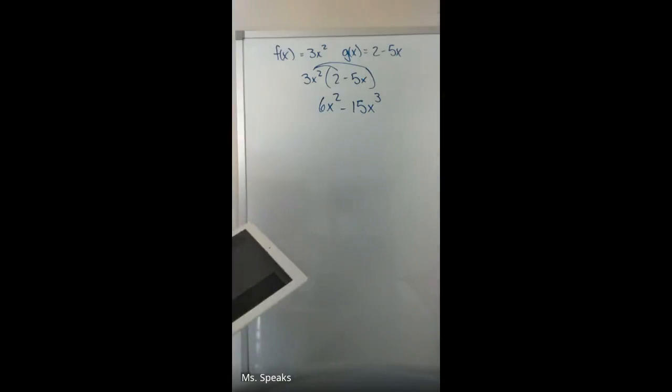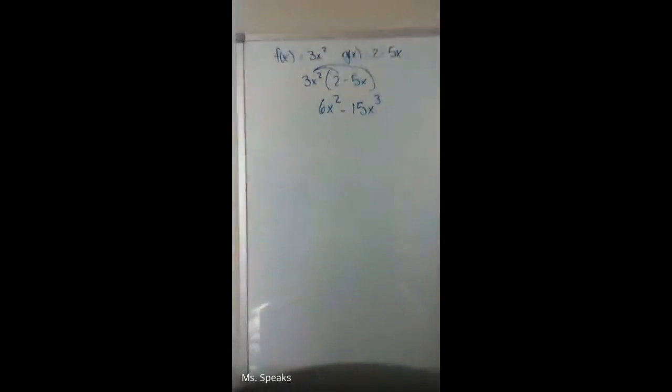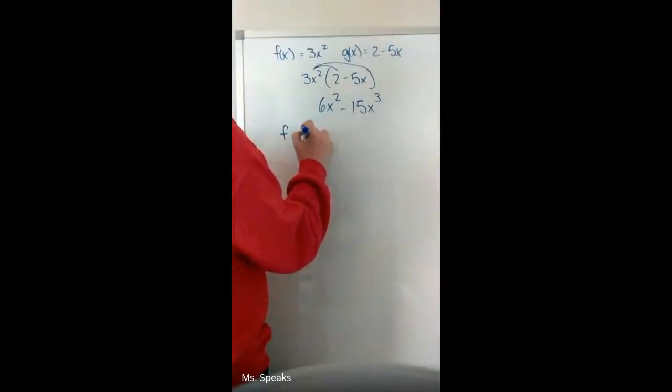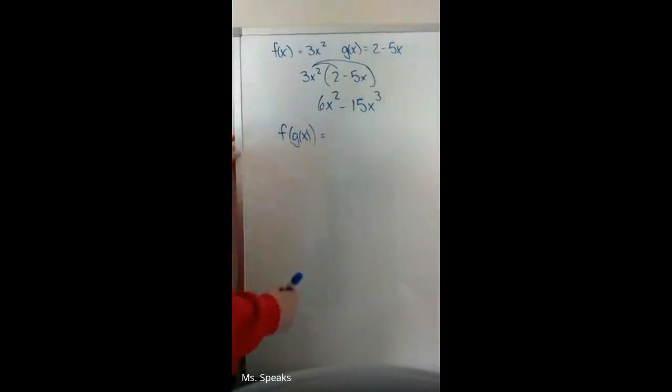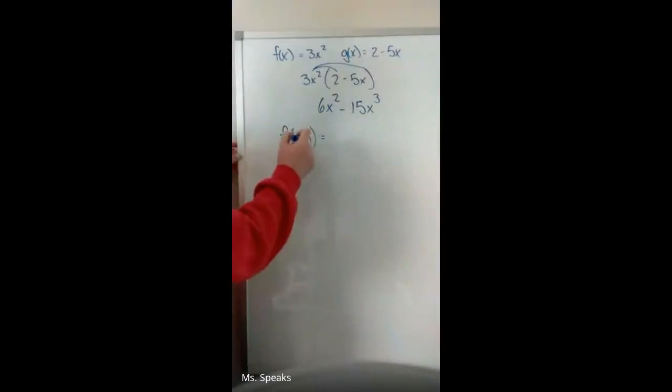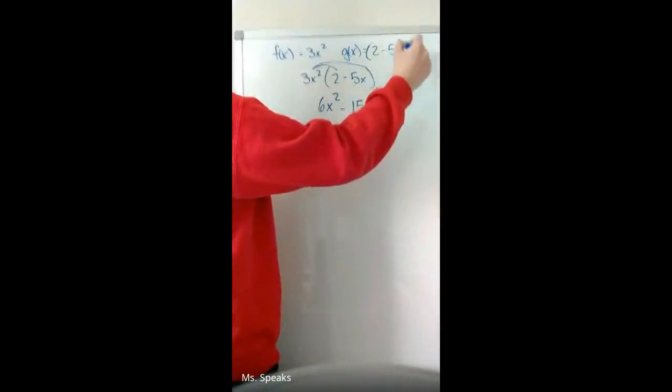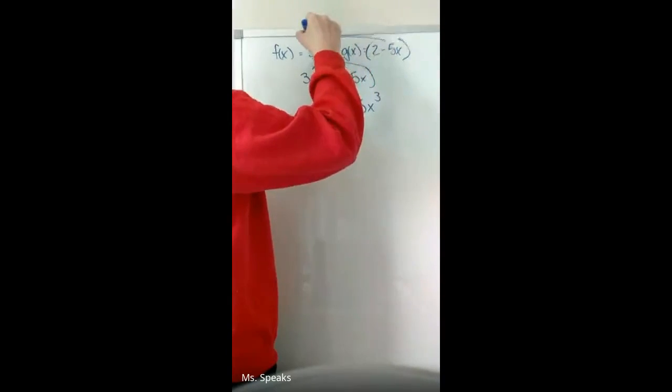Okay, and I want to show you the difference if I asked you for the composite. So if I asked you for f of g of x, like this, okay, that means to plug the inside one, plug g into f. Okay, so I'm going to take g, I'm going to put it in where x is in f.